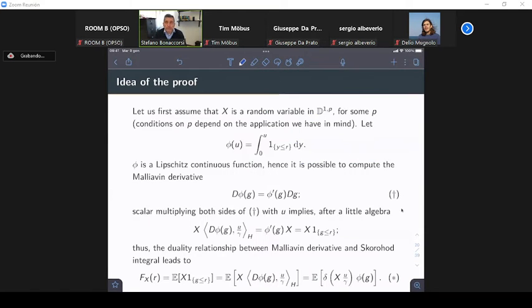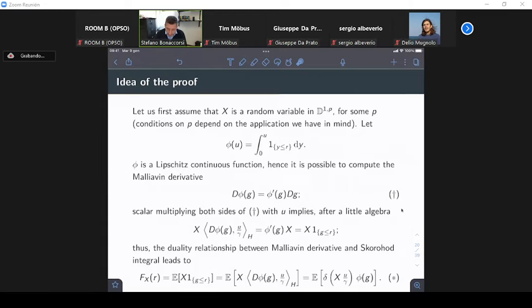And I have maybe enough time to give you an idea of the proof. So first we assume that x is a smooth random variable, so let's say at least in D1P, and we use a formula that is proved in the book by Nualart, that you can take the derivative of a function even if this function is not differentiable, but it's just Lipschitz.